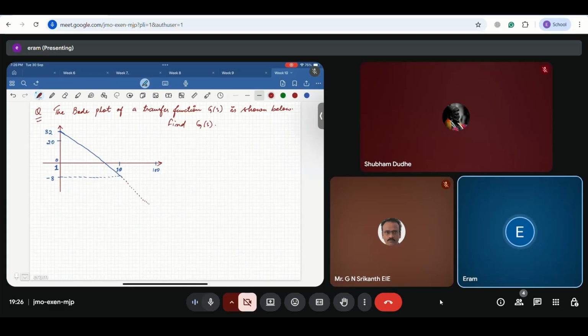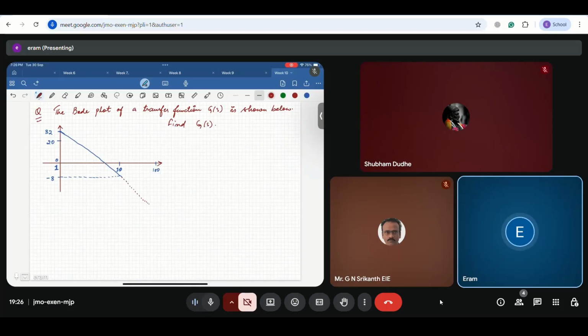What we can observe is a negative slope, but the slope magnitude we don't know. We have no corner frequency, meaning there will be no s T plus 1 type of block, and no positive slope, meaning there is no zero in the system.